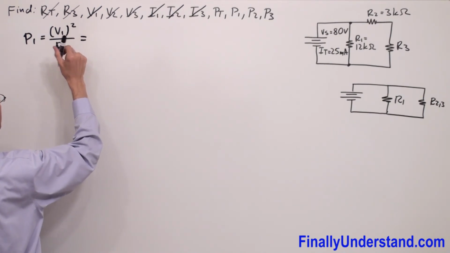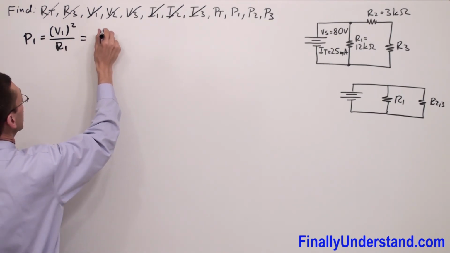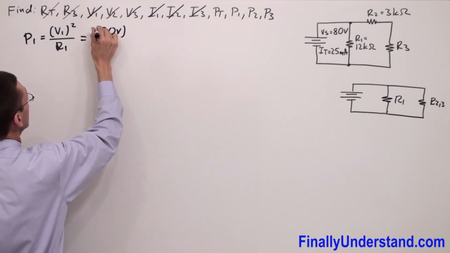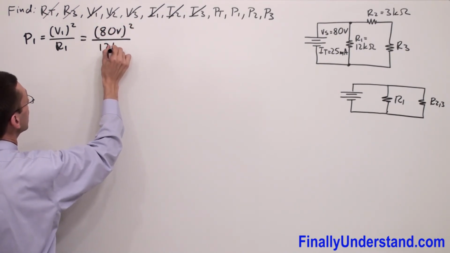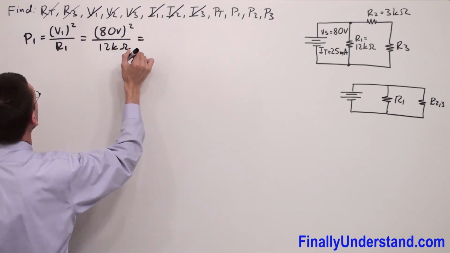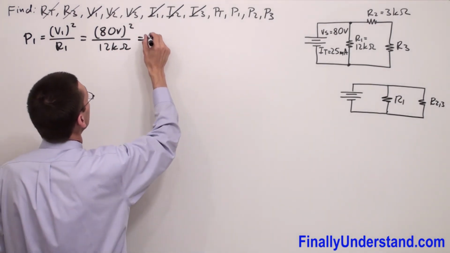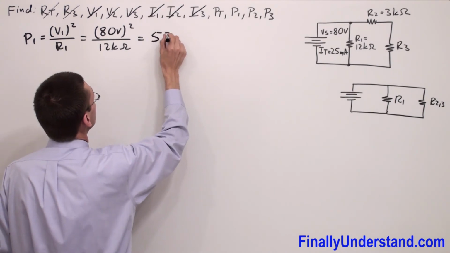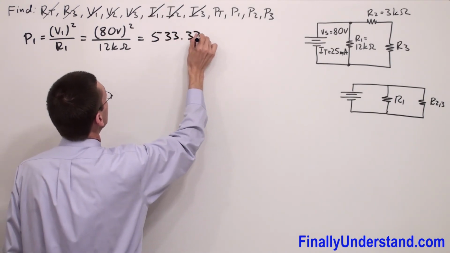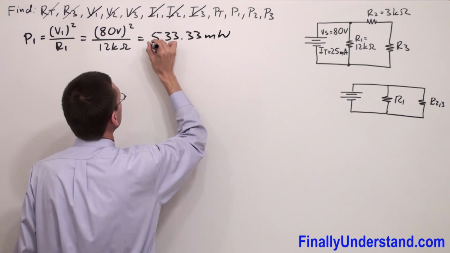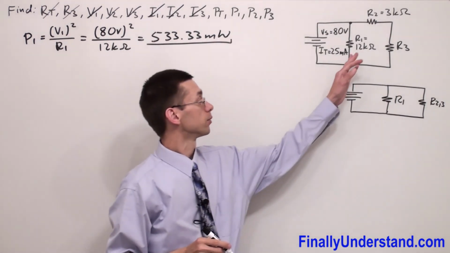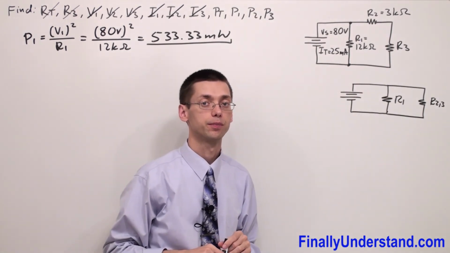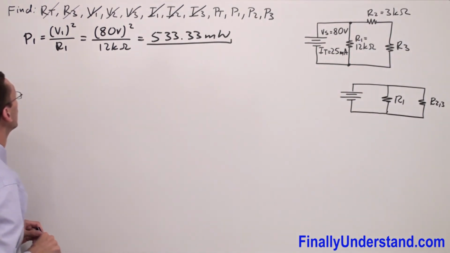So I have V1, we said, is equal to 80 volts, raised to the second power over R1, 12 kiloohms. This is equal to 533.33 milliwatts. Okay, so this is the power at my resistor R1.